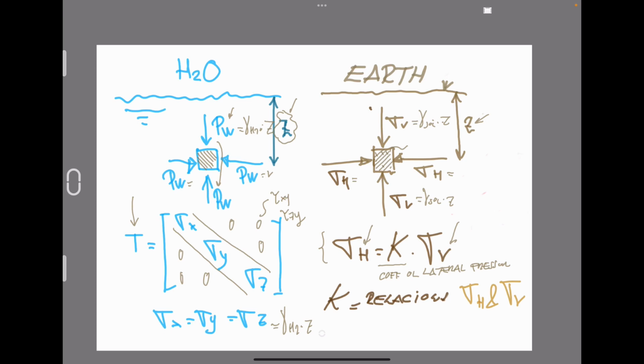In accordance with research and theory, there are three values: K0, rest condition; Ka, active condition; and Kp, passive condition. Today, we are going to focus only on the active coefficient of lateral pressure, because it is the one that we are going to use to determine the lateral pressures against our retaining structure.